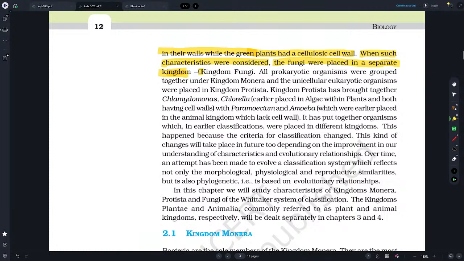They can also live as symbionts, in a mutual relationship in association with algae, as a mycobiont and a phycobiont, which together form a lichen, and with roots of higher plants as mycorrhiza. Reproduction in fungi takes place by vegetative means.